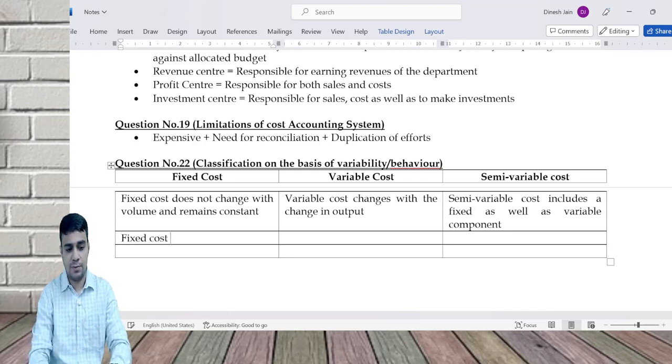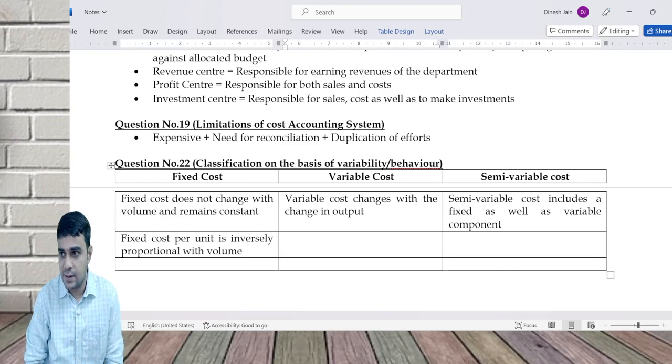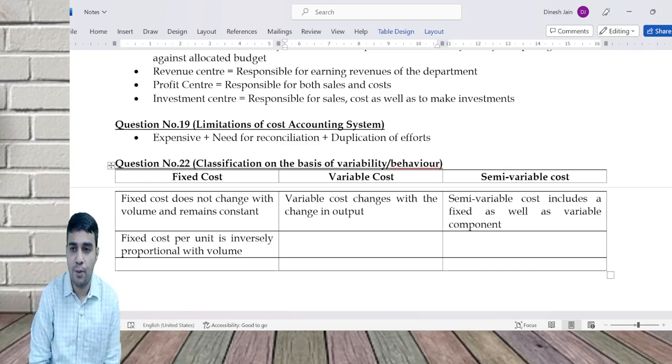Fixed cost per unit is inversely proportional with volume.